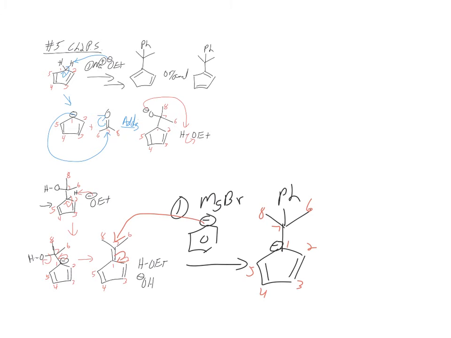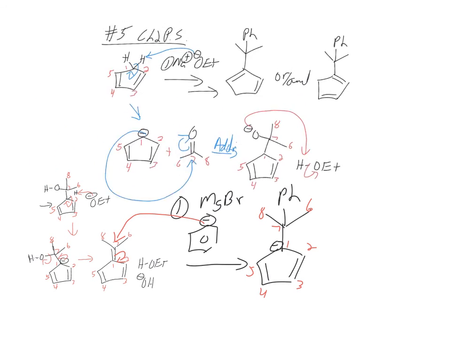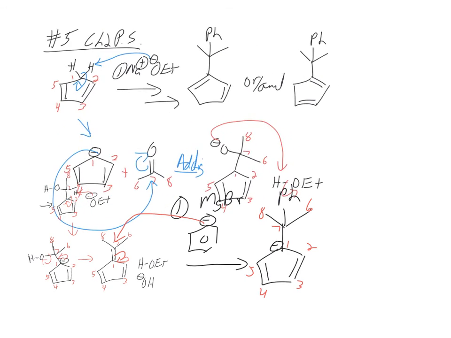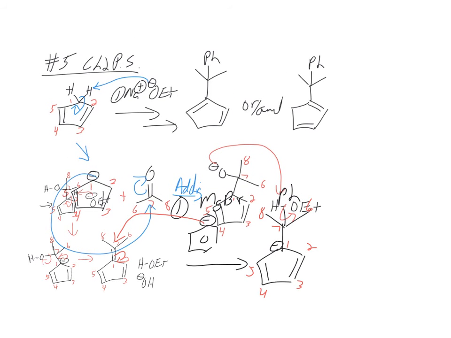The negative charge is going to move around because if we go back to this, let's go back to what the heck we're trying to make. These guys, right? So if I number the carbons on these guys, 8, 7, 6, 1, 2, 3, 4, 5.